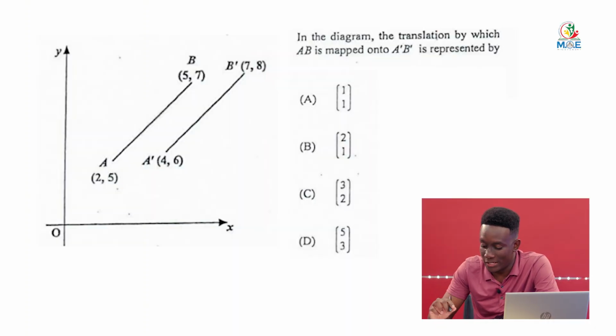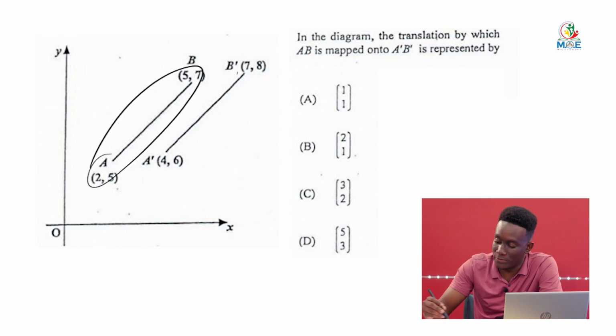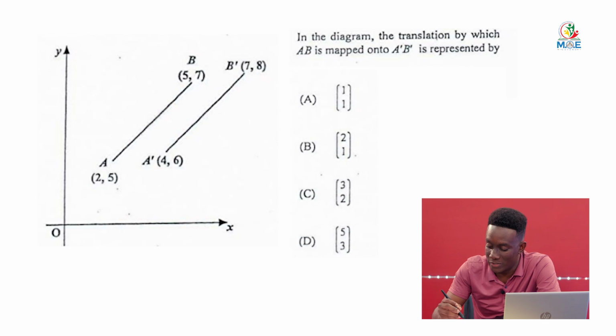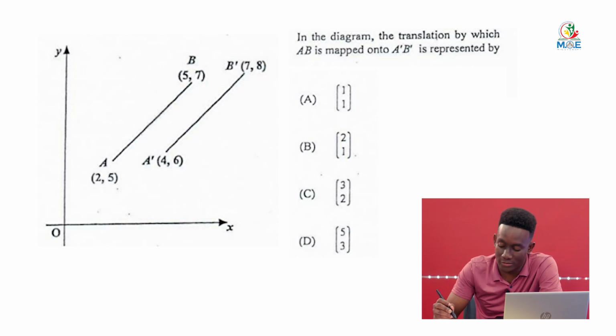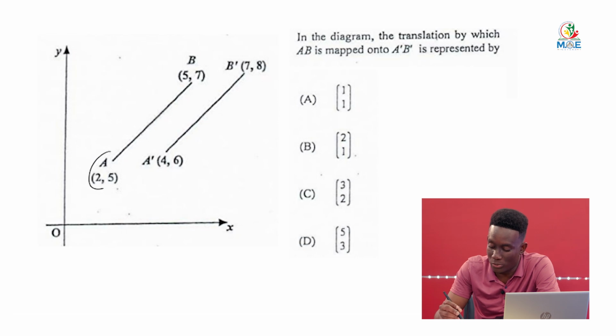So we have a diagram again, and it says in the diagram, the translation by which AB is mapped onto A prime B prime is represented by, so we want to know how this here is mapped onto this. To figure this out, we can just choose a point and the image of that point. So let's choose A and A prime.